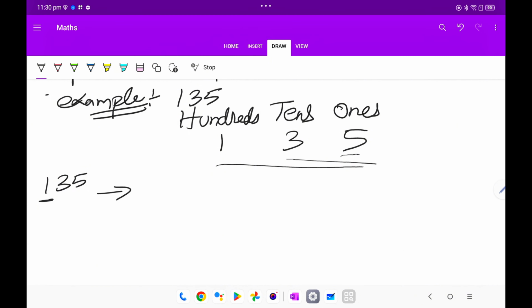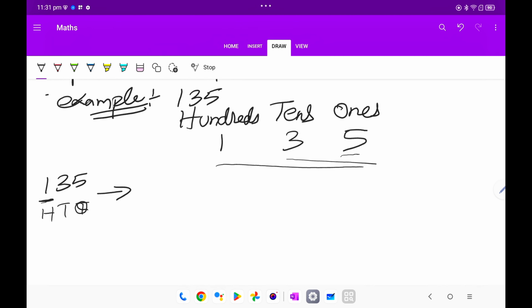So we know the first position is ones, the second is tens, and the third is hundreds. Since the underline is below the 1, it is in the hundreds position.